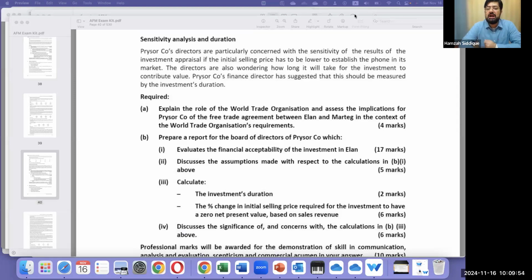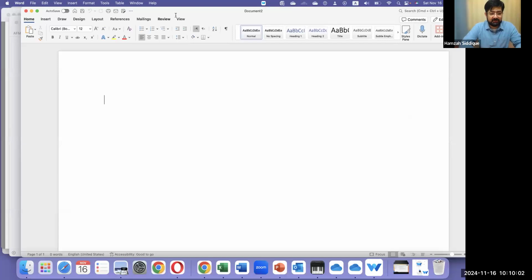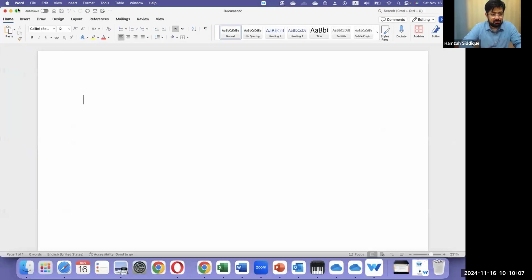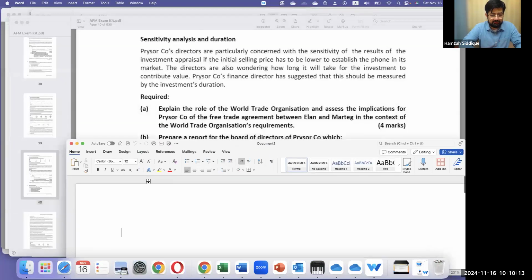So basically, I open the word processor. In the exam platform, you have a word processor like this. The first requirement is: part A, role of World Trade Organization, so that I need not open the exhibit again and again.